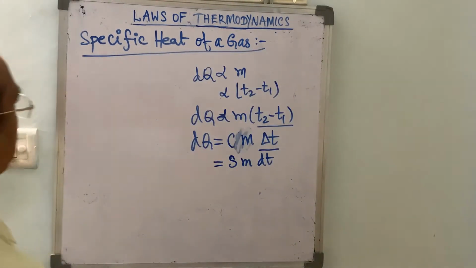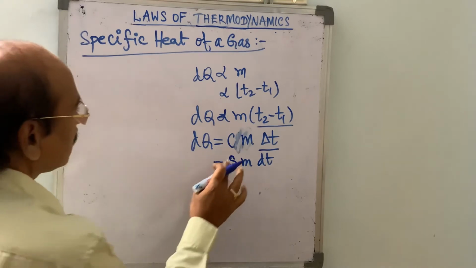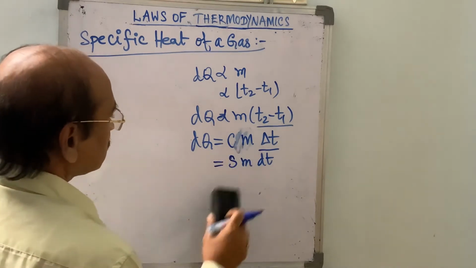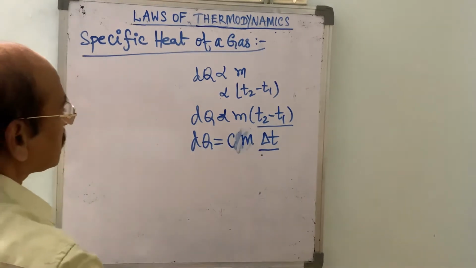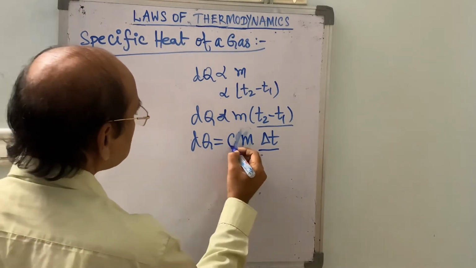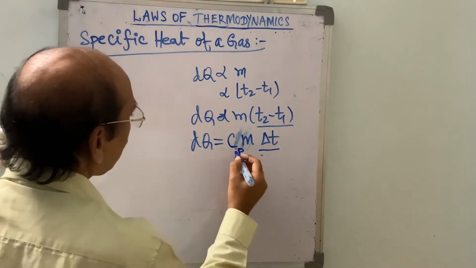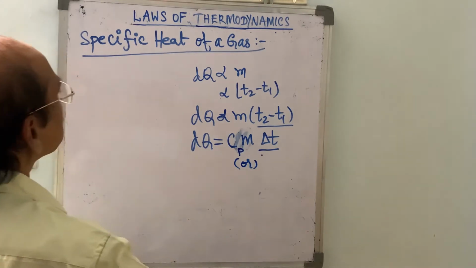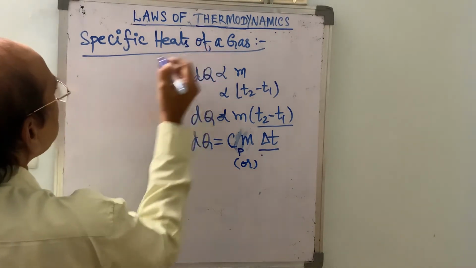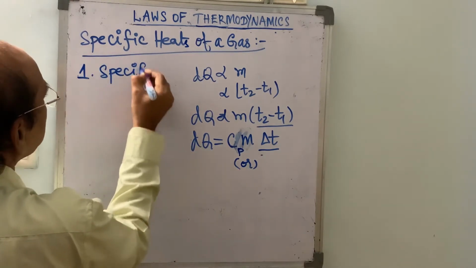In the case of constant pressure, this constant is named Cp, or at constant volume Cv, into m into dt. Therefore, there are two specific heats of a gas.